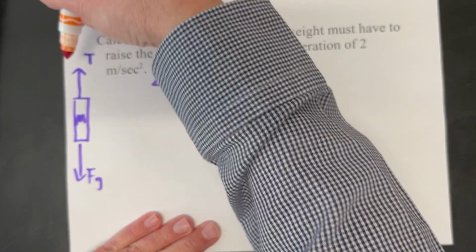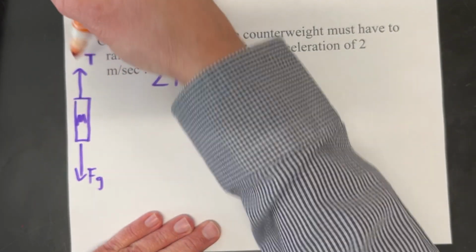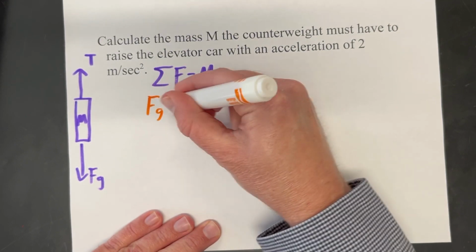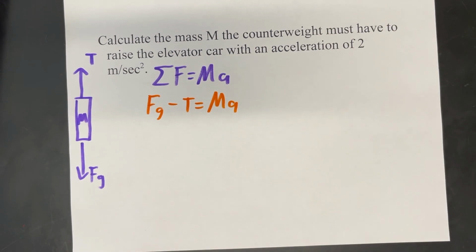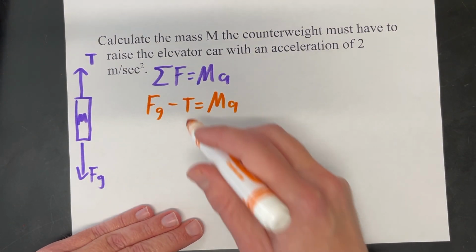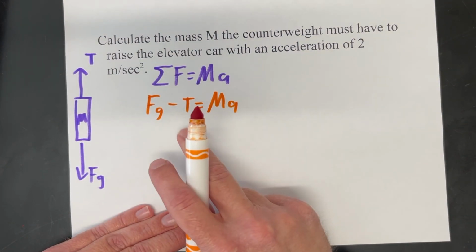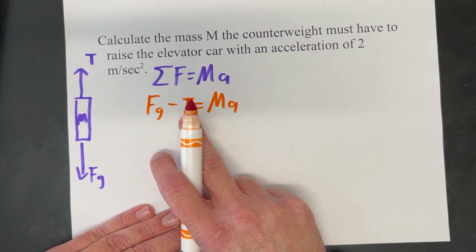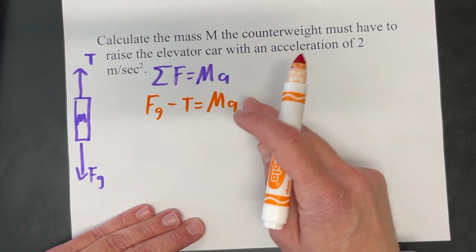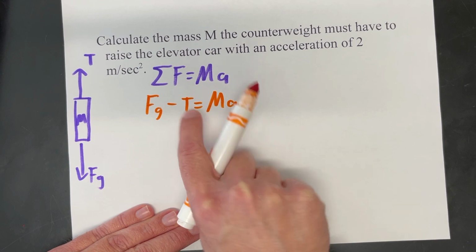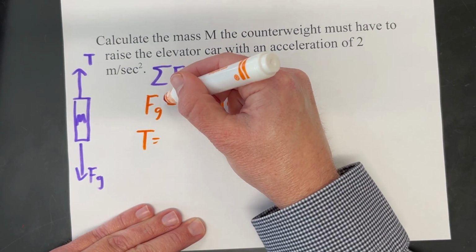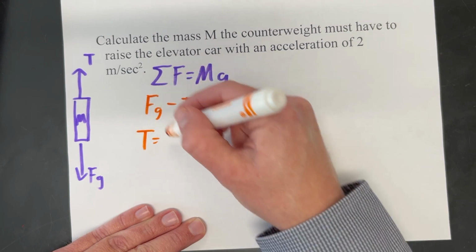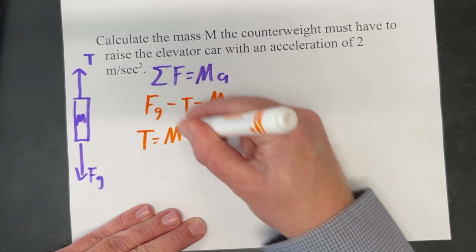So what are the forces? I'm going to call the way that it's moving the positive direction. So I'm going to say the force of gravity is positive, minus tension back the other way. I'm looking for the mass here, and we know the tension as well. So let me actually move two things at once. I'm going to subtract this to the other side, and I'm going to substitute in for the force of gravity, because it's going to be mass times gravity.